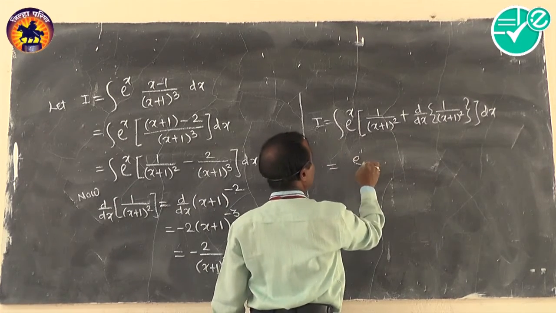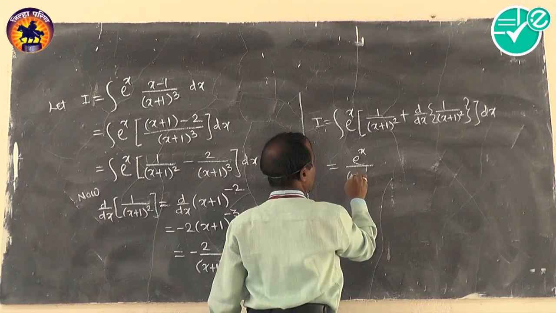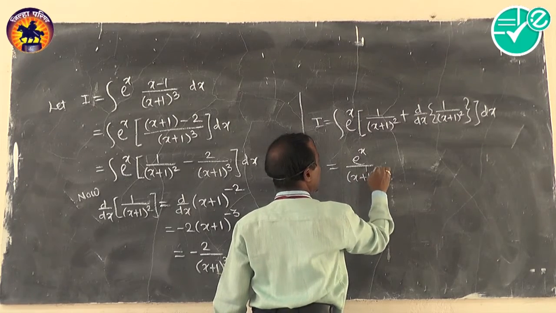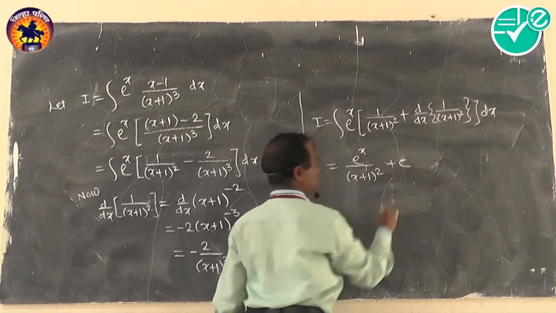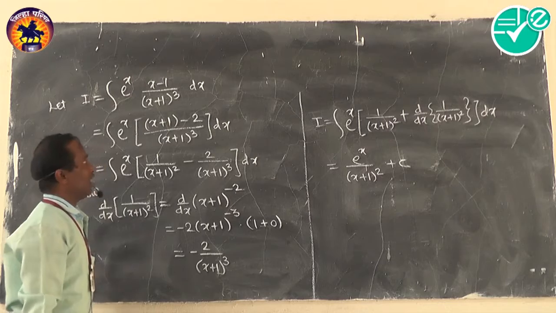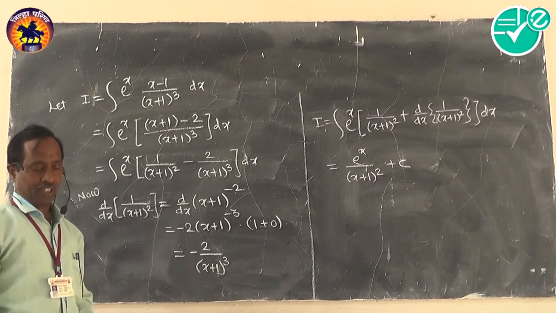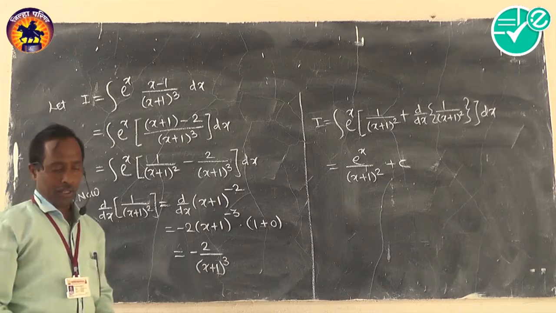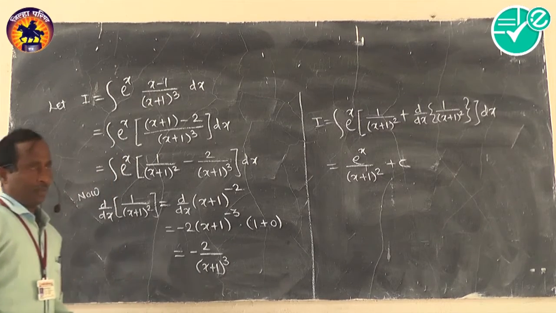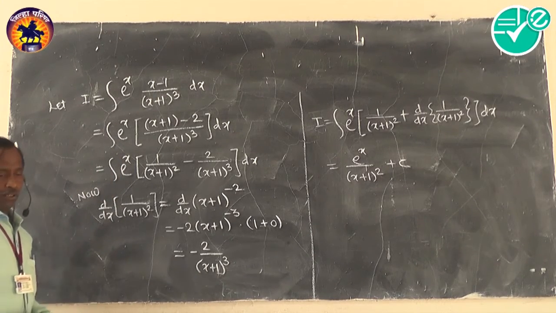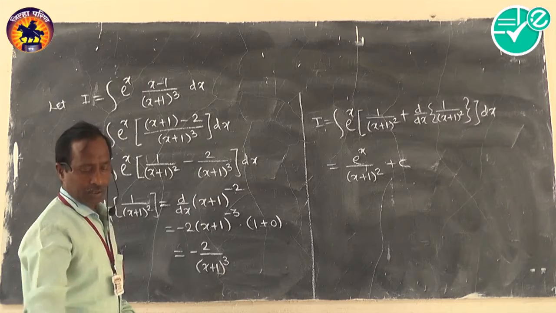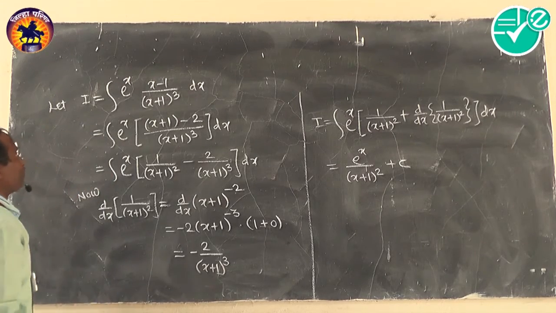So we get e raised to x upon (x plus 1) whole square plus c. So this is the solution of this example. Now we are going to take the next type of example.